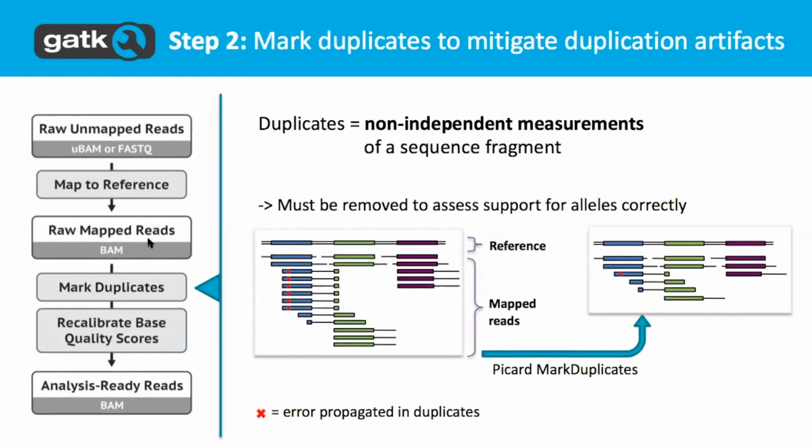All right, so that was step one, alignment. Now let's talk about step two, which is marking duplicates in your reads. Why do we need to do that? For example, you have this one variant in your data that is basically being amplified by your duplicates.